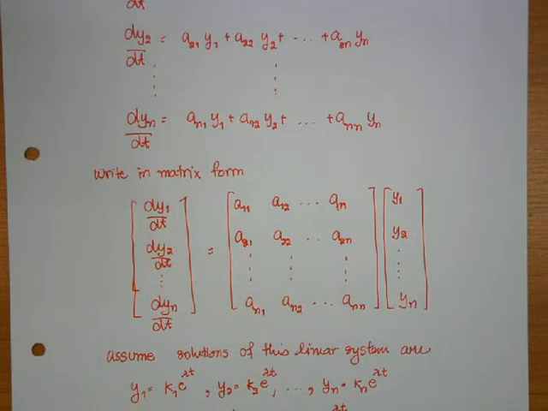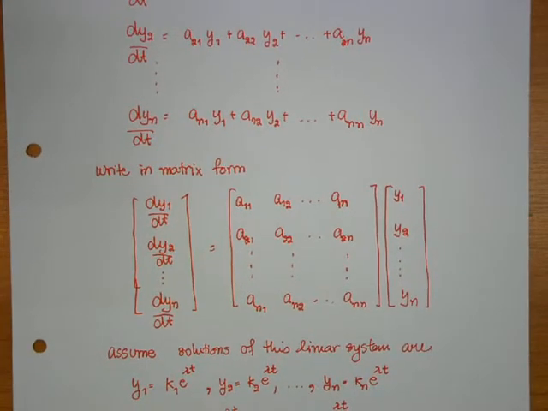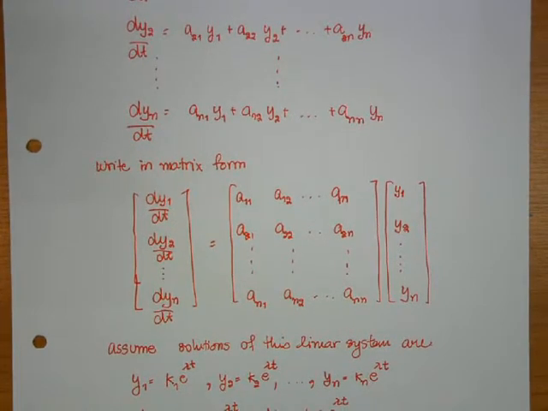And the way to find the solution, we can do it by assuming y1 is equal to k1 times exponential of lambda t, where lambda is a constant and k1, k2 to kn are constants too. So now our solution would come as a bunch of solutions because we have n terms of y. So we would have n solutions.